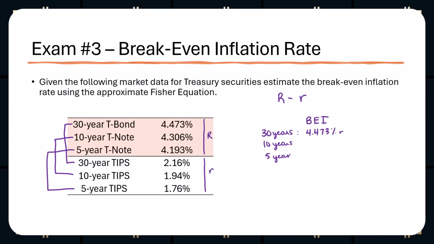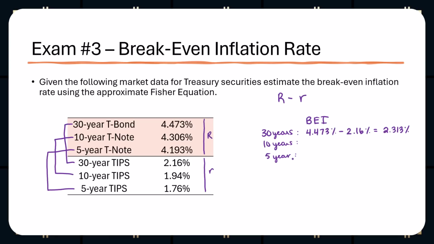Then we will subtract off the 30-year TIPS interest rate, which is a real interest rate, of 2.16%, and we find a market break-even inflation rate of 2.313%. That is, investors in the fixed income market, specifically the Treasury market, are pricing in a 2.31% average inflation rate over the next 30 years.